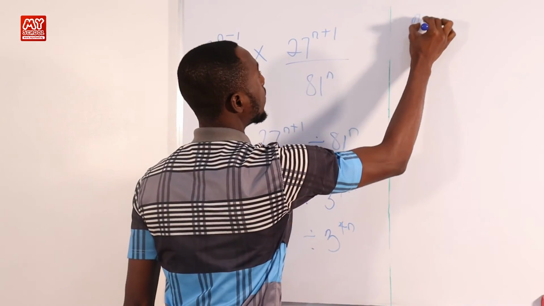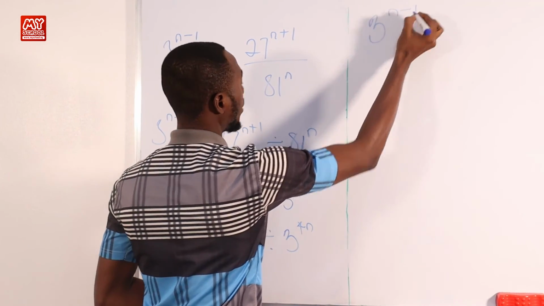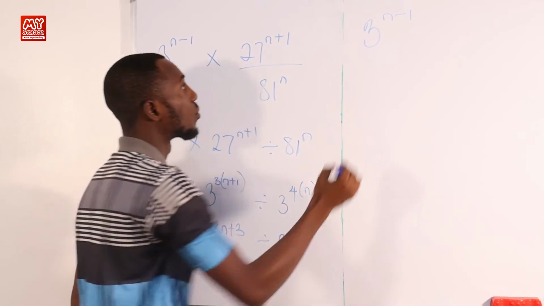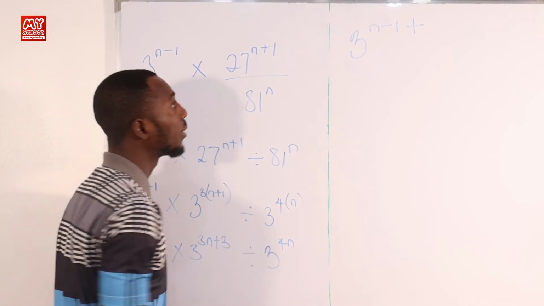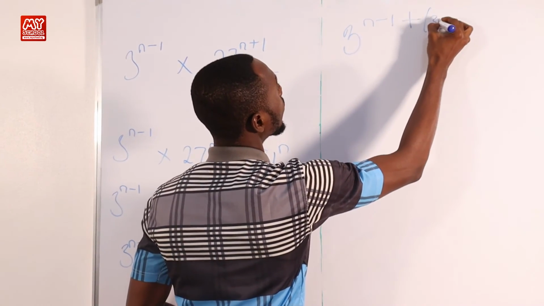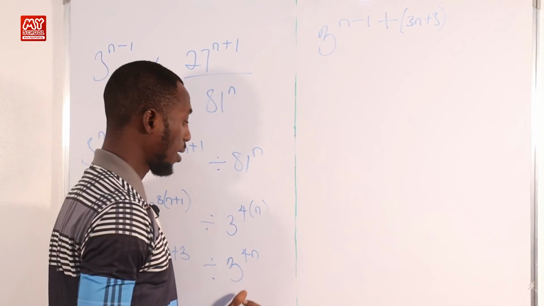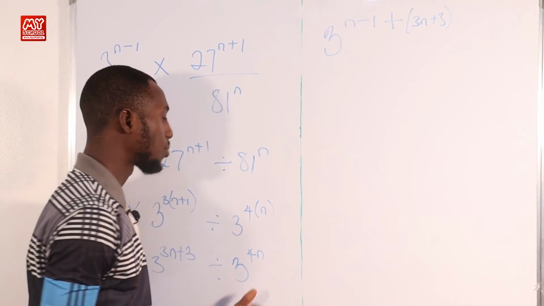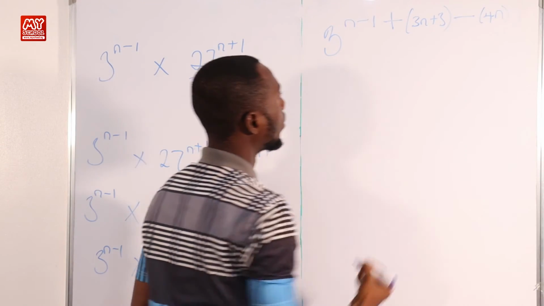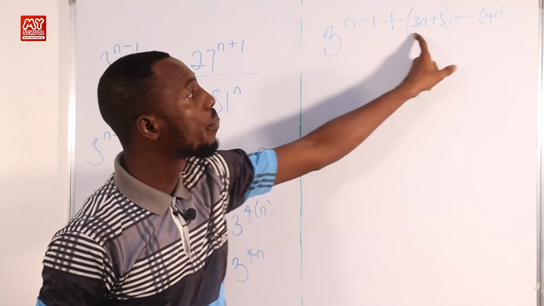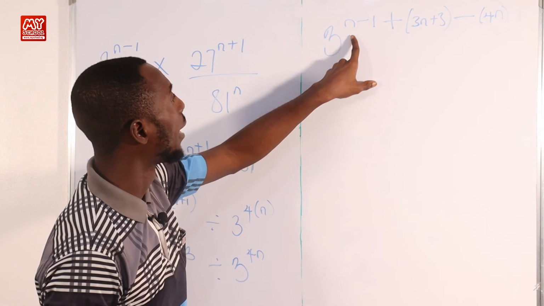We have base 3 of n minus 1, times changes to plus, so we have plus 3n plus 3. Divide means minus when working in indices, so we have minus 4n. By the time we open our brackets and collect like terms, we're going to have something like this.